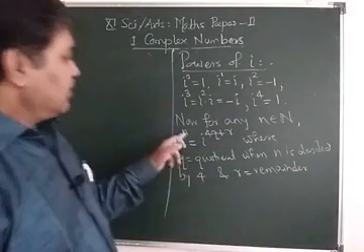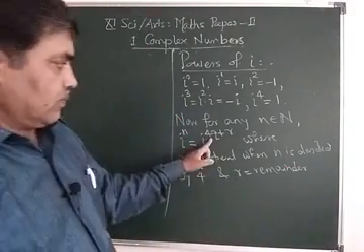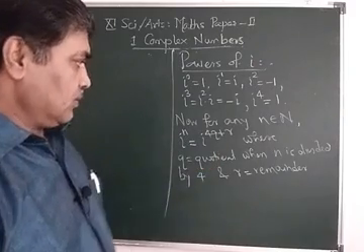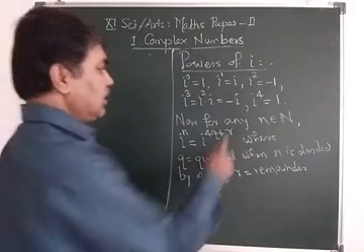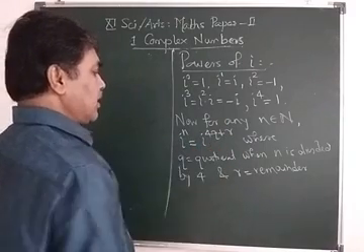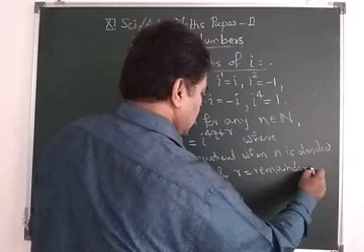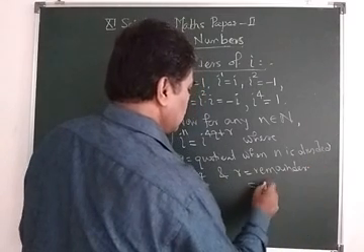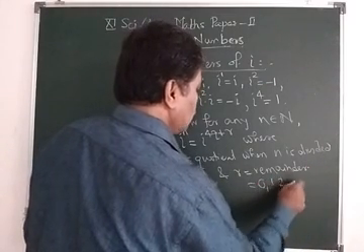So divide your n by 4 and find the remainder. Here r is equal to 0, 1, 2 or 3.